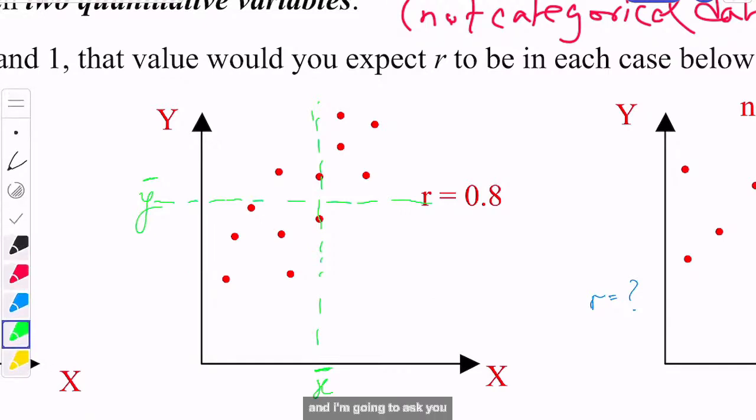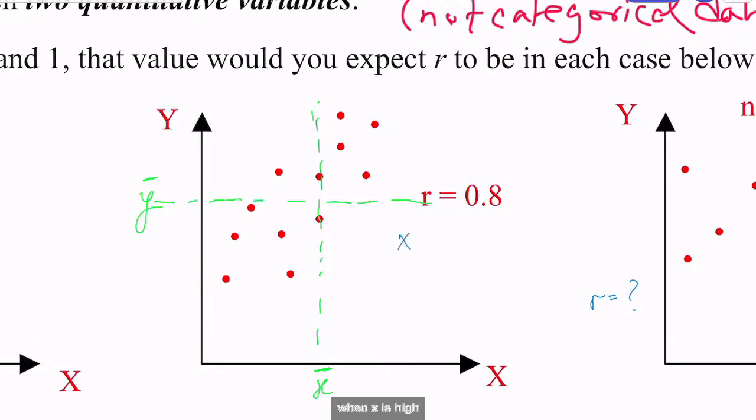And I'm going to ask you, when X is high, where is Y? Is Y high or low? Where does Y tend to be?